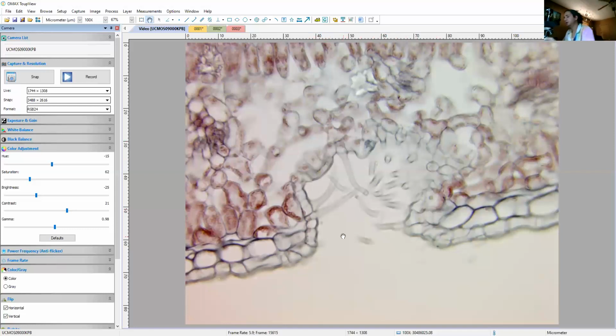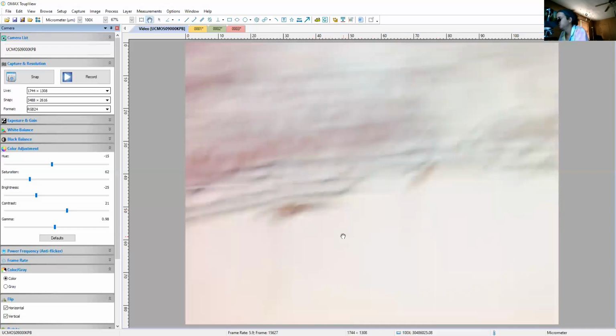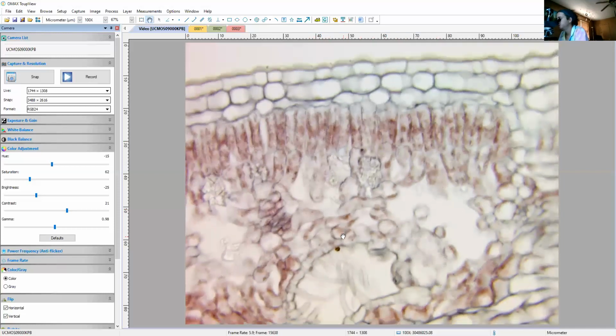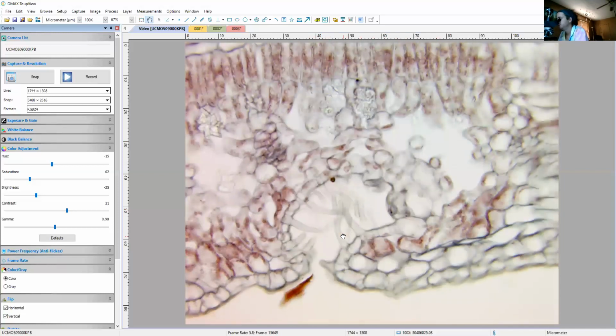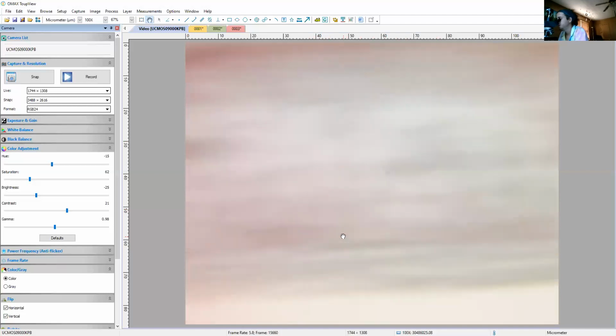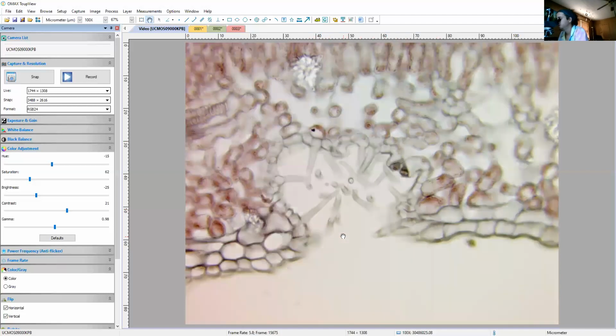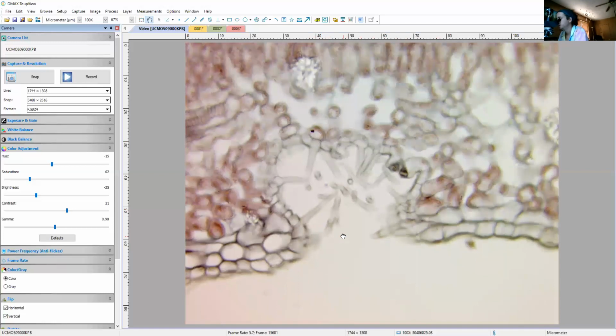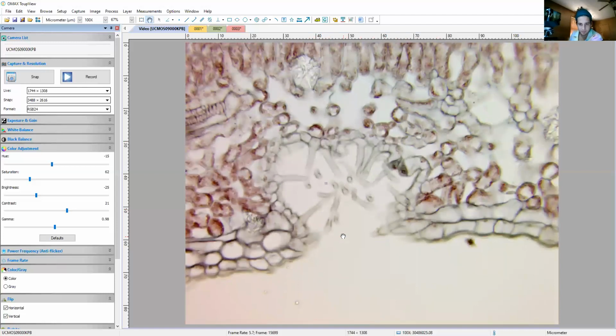However, there aren't any just jumping out at me on that one particular one. Aha, there's one. See, right there, you have stomata with your two guard cells inside this little tiny crypt.